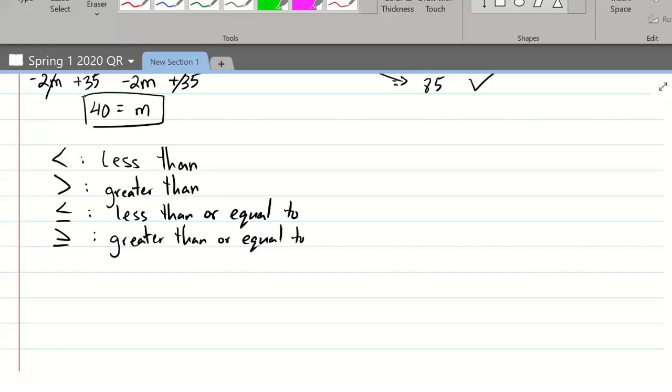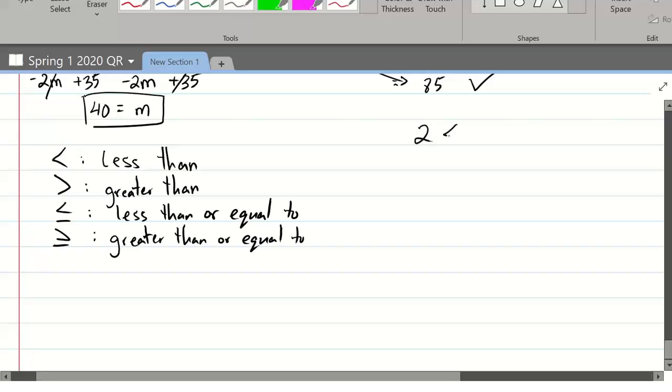So the example we went over was 2 is less than 4, right? Now with inequalities, if you add a number to both sides, right? 2 plus 3 is 5, 4 plus 3 is 7, right? The symbol stays the same, right? So 5 is still less than 7, right?